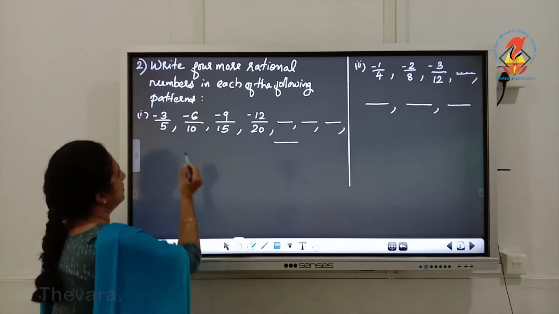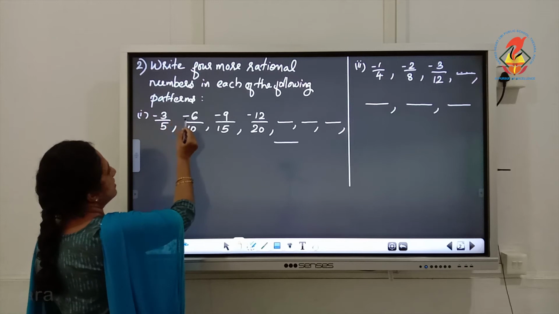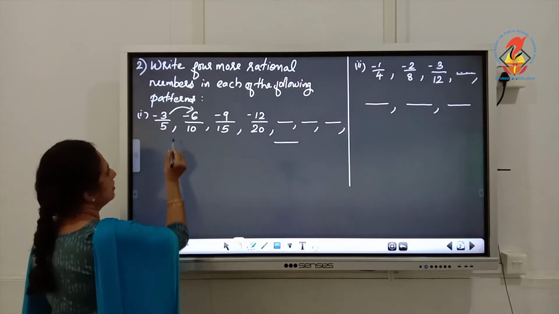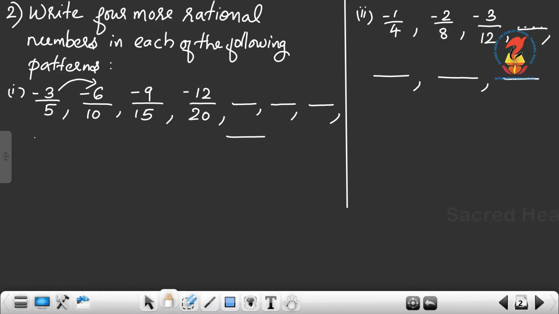Look at that. Take the first one. Is there any relation between the first one and the second one? Negative 3 by 5, now look at that, negative 3 into 2 is negative 6. So we can multiply both numerator and denominator by 2.